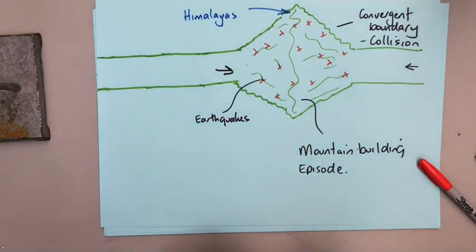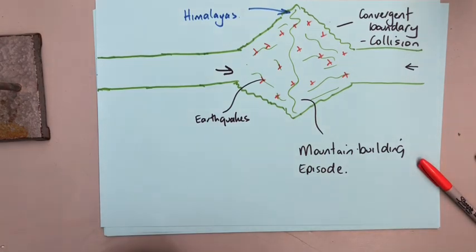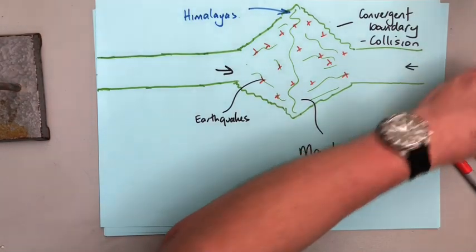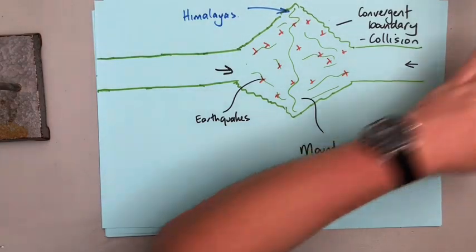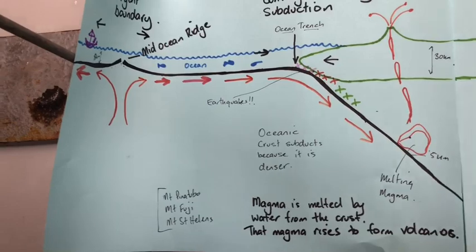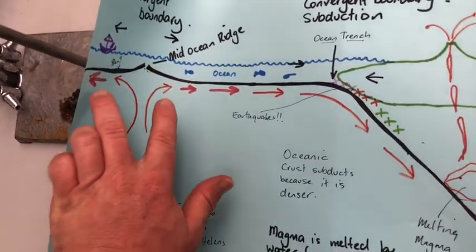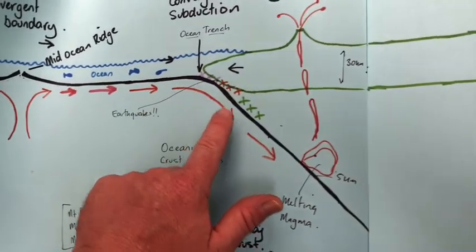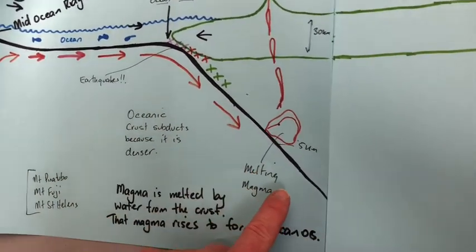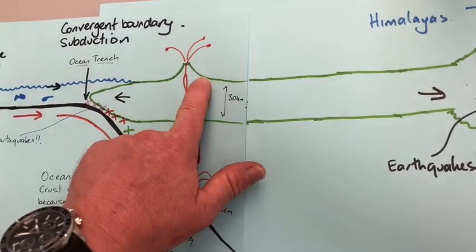All right, so there we have two main types of plate boundaries. Let's put them together and see what they look like. Okay, so here are our different plate boundaries. We have our divergent boundary here and plates spreading apart, to one plate being subducted under another, causing some melting and forming a volcano.